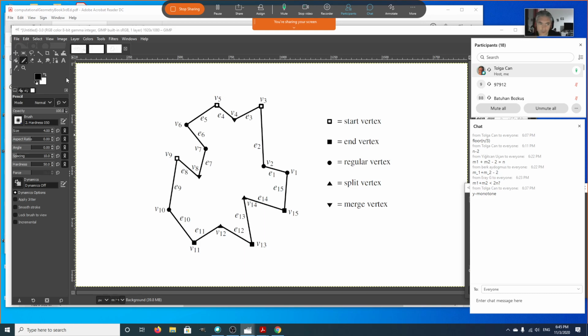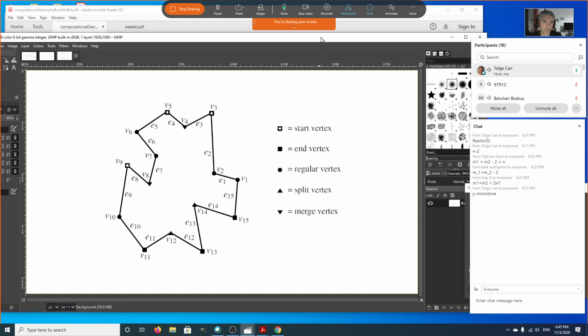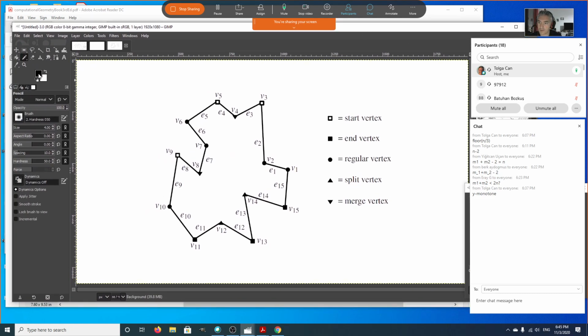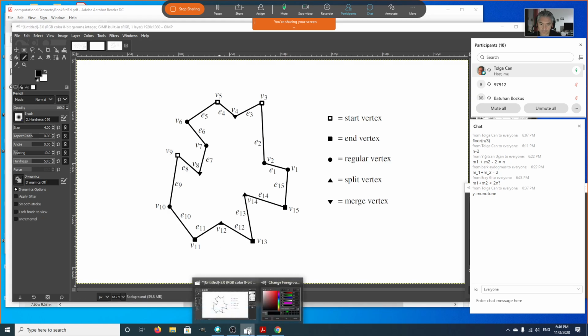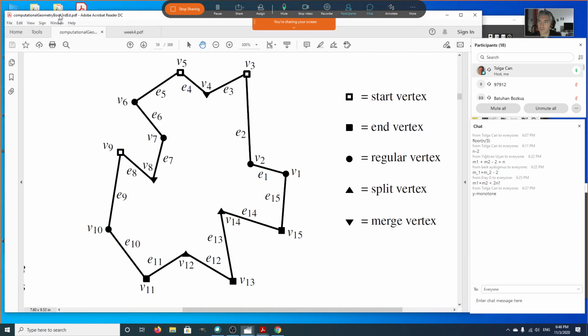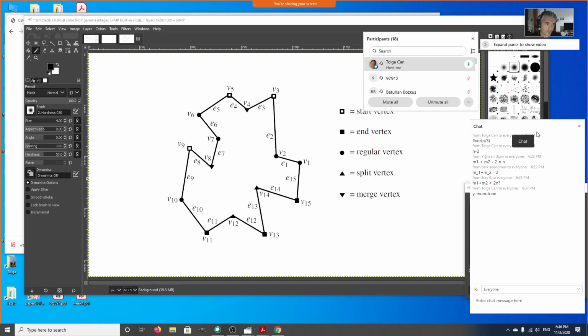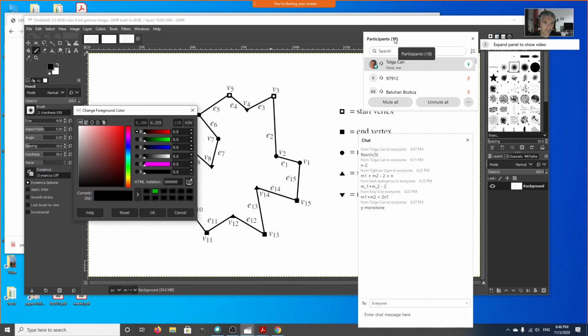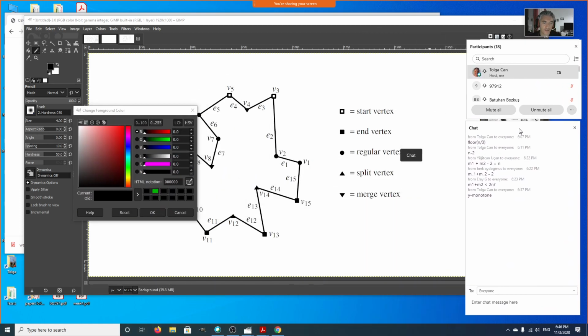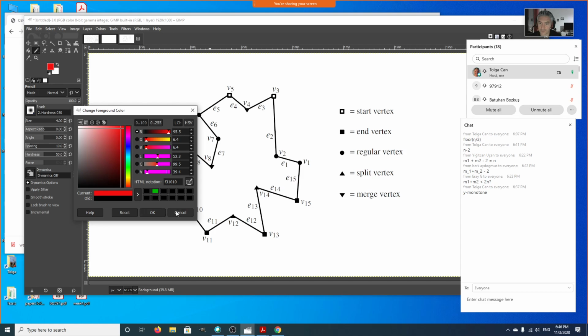How can I change the color? Maybe the color panel is somewhere here. Oh, it's somehow behind. It's right here. Now I'm able to move it here. Okay, so let's choose a red color.